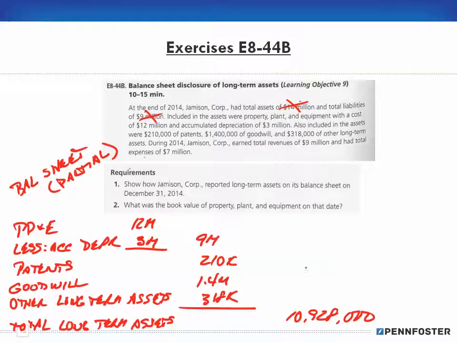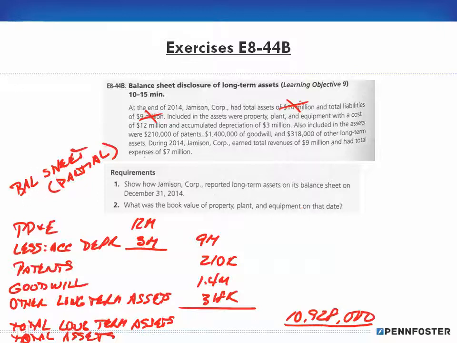Okay, so this is how my balance sheet as a partial would look. Now notice that I don't have an underline under the total long-term assets, unless of course I was going to then have my total assets here. So that would be my mathematical calculation for my total assets, because this would be my long-term.